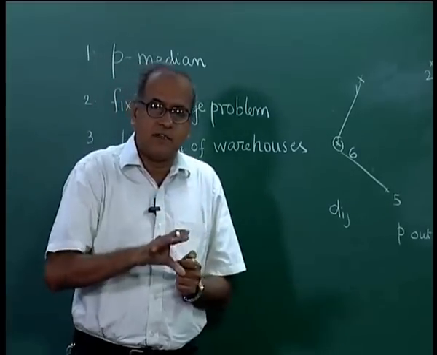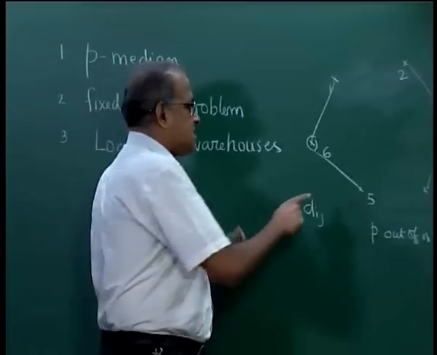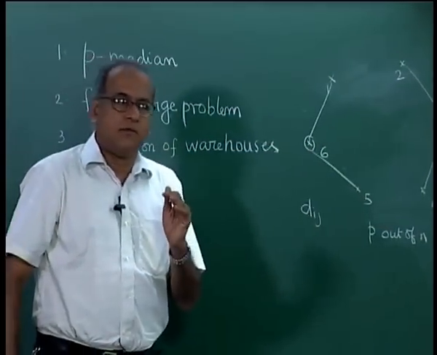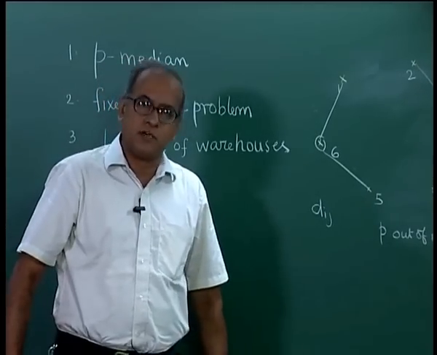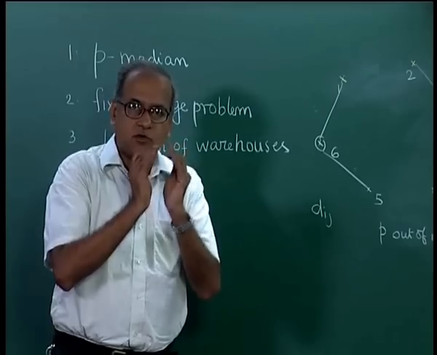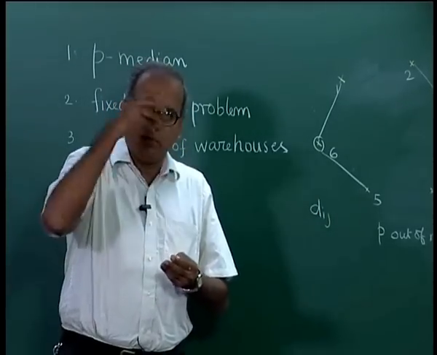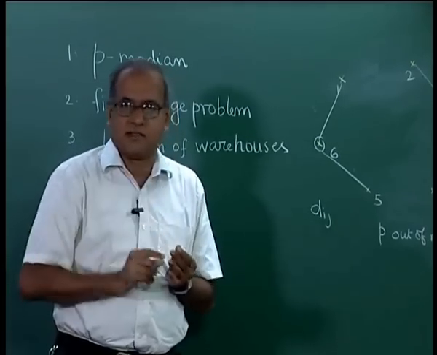Now, what is the relevance of the P median problem in the context of what we are looking at? Here are 6 customers. Now, we want to establish say 2 factories, P equal to 2. We want to establish 2 factories such that we are able to meet the customer demands based on distance.